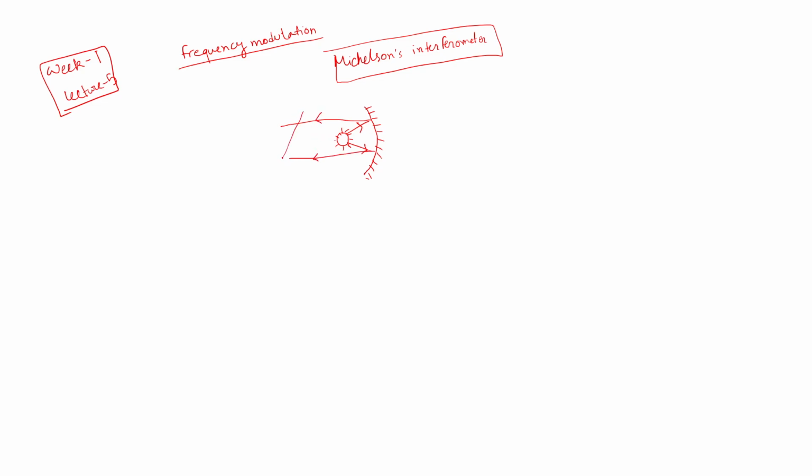There will be a beam splitter kept like this, a 50-50 beam splitter, BS, and some light will go from here to here, and some reflected light will go here, where there will be a stationary mirror, M. And there will be a movable mirror.